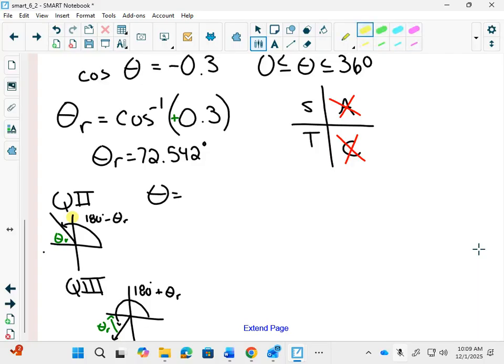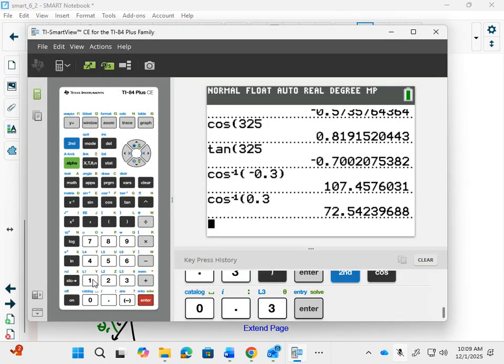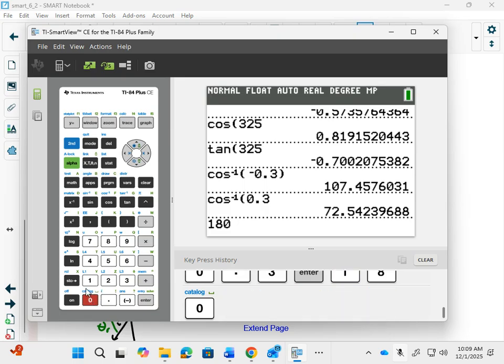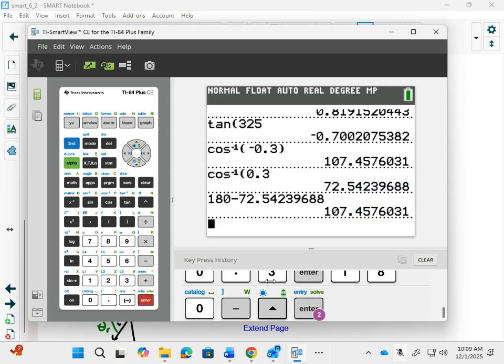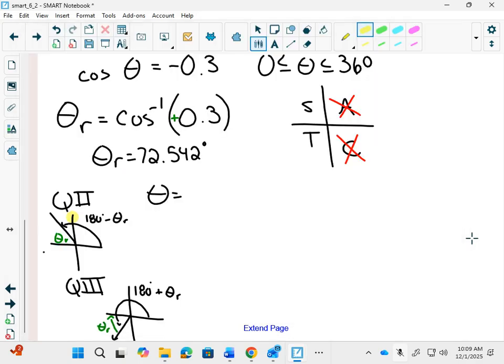So I'm going to go back to my calculator. I'm going to start off with quadrant 2 and say 180, minus my reference angle, which I'm going to just highlight here. And look, surprise, surprise, it gives us the 107 that we found earlier. Makes sense, 107.458.